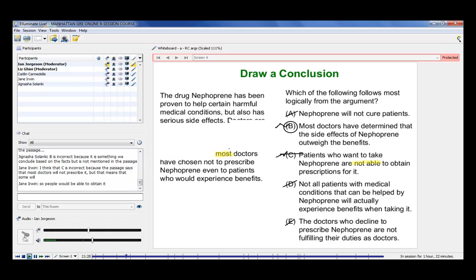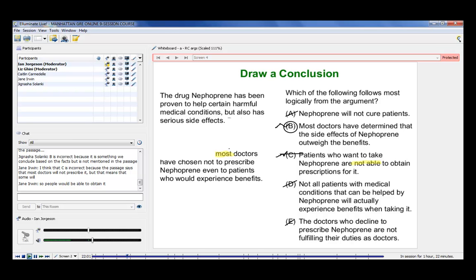All they said was nephroprene has been proven to help certain harmful medical conditions, but also has serious side effects. Most doctors have chosen not to prescribe nephroprene. In that case, I would not be able to pick B because all I know is the doctors have decided not to prescribe the drug. I don't know why the doctors have decided not to prescribe the drug.